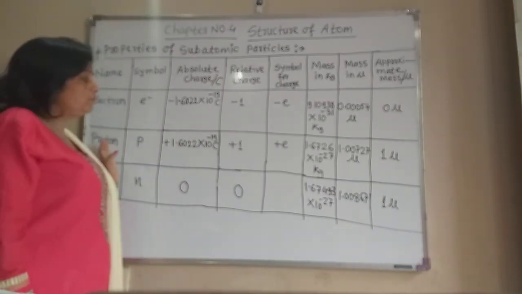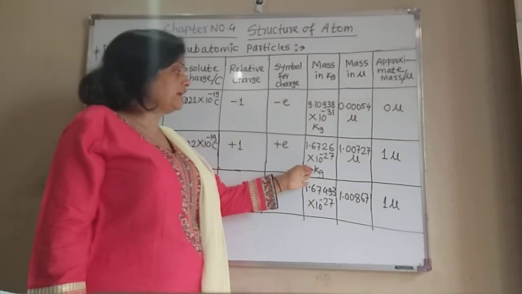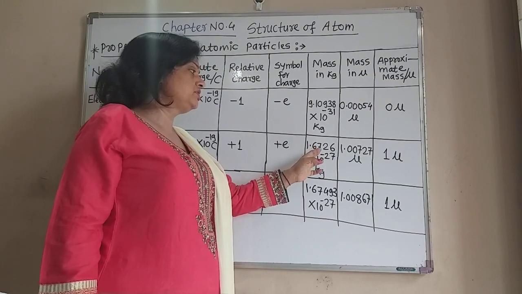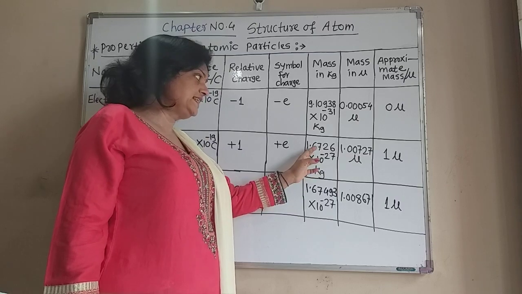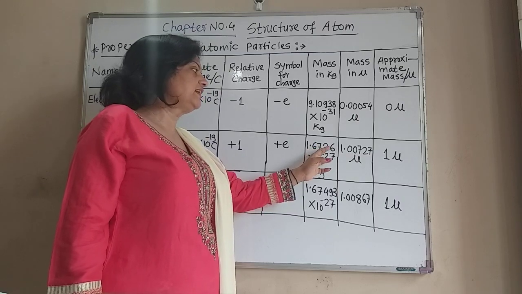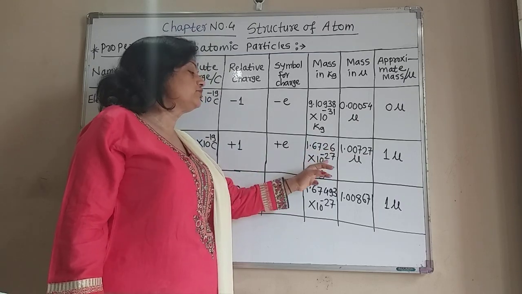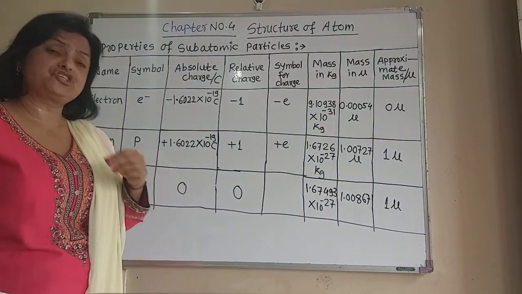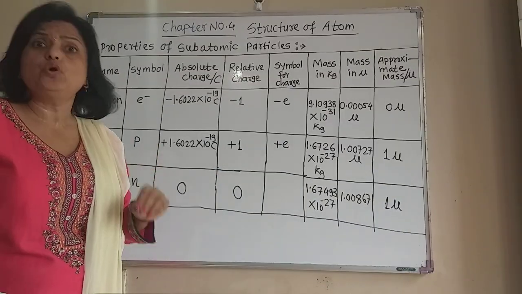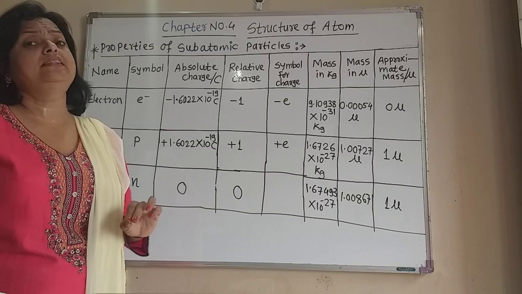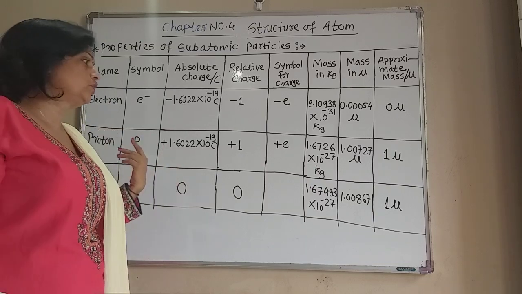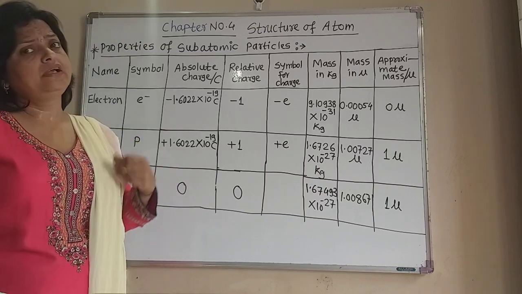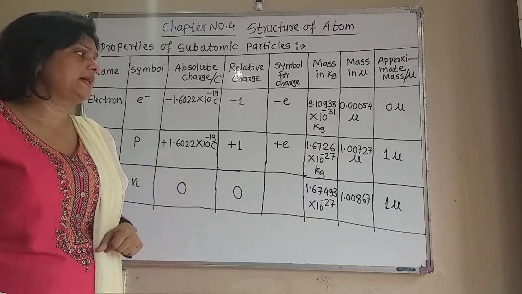Now see, the proton has a mass of 1.6726 into 10 raised to -27 kilograms. This mass in kilograms is still smaller than the mass of the atom, because the proton is also a subatomic particle. It is definitely smaller than that of the atom.